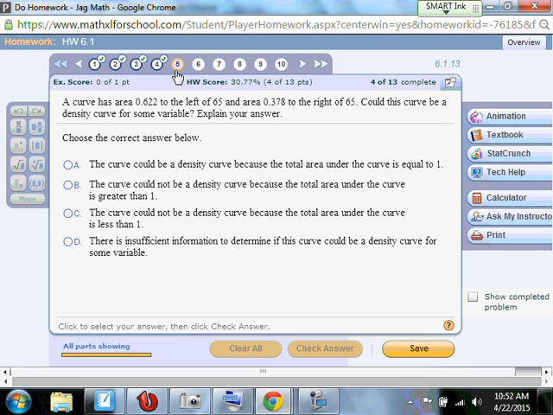A curve has area 0.622 to the left and 0.378 to the right. Could this be a density curve? So the question we should be asking is, it's a density curve if the total area equals 1. So what we're asking is 0.622 plus 0.378. Is that equal to 1?